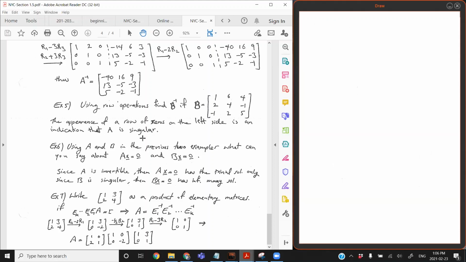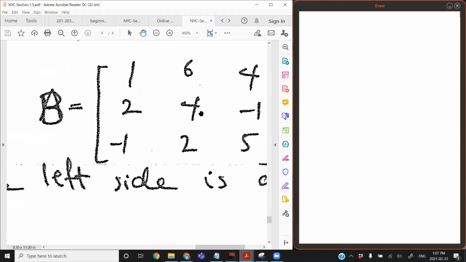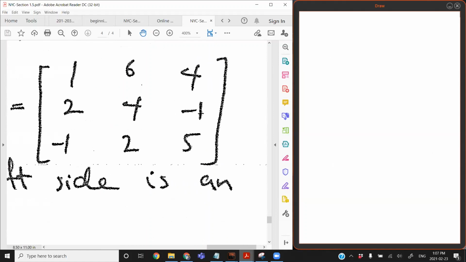So let's try this. I give you this matrix B here, and I ask you to find the inverse of that matrix. You're going to create a bigger matrix like this. You put B here, -1, 2, 5, dashed line, and you put I3 here, because this is a 3 by 3 matrix.